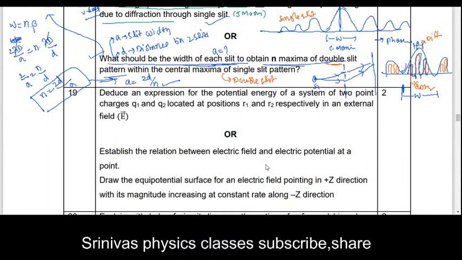They are asking: deduce the expression for potential energy of a system of two charges located at distances r1 and r2 in the external electric field.